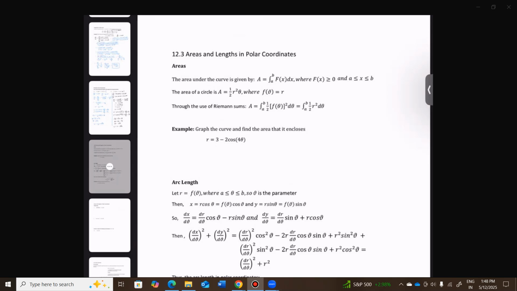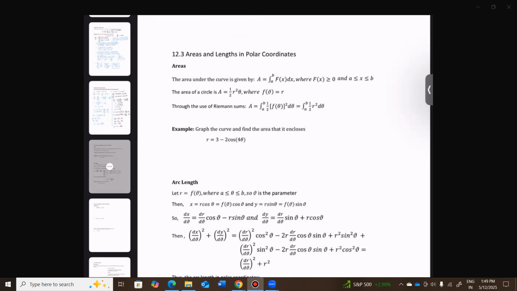First, the area under a curve is given by A equals the integral from a to b of f of x, where f of x is greater than 0 and x goes from a to b. The area of a circle sector is A equals 1/2 r squared theta, where f of theta is equal to r.